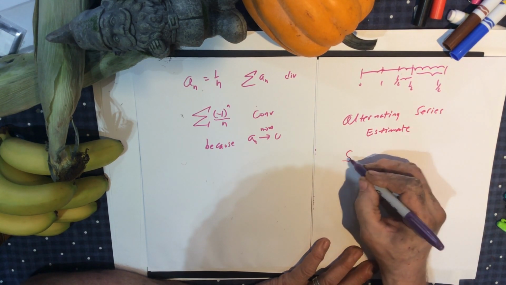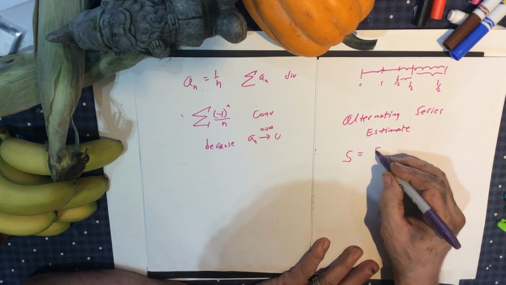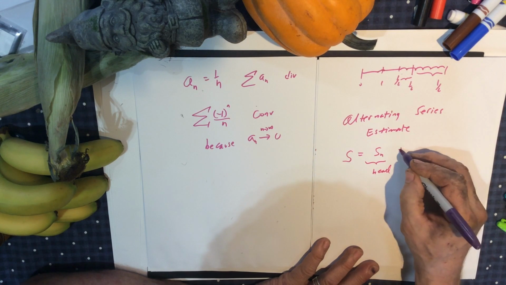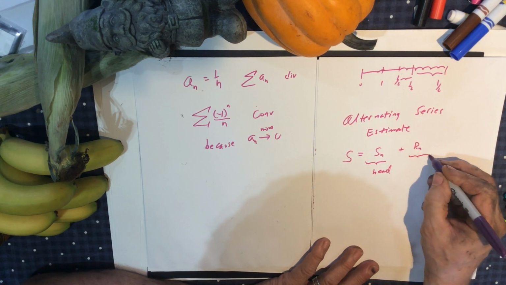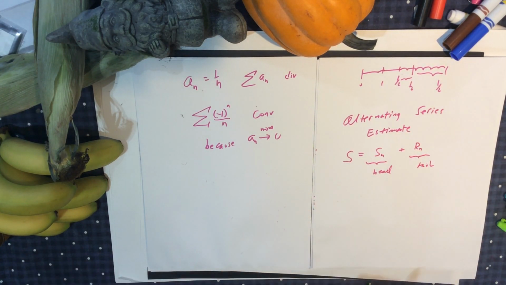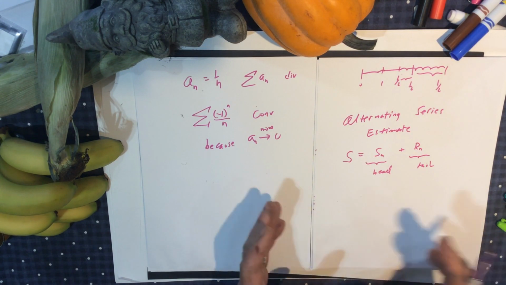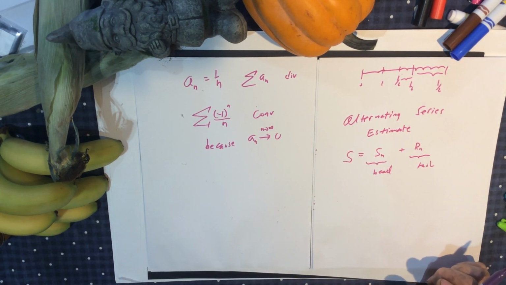Now, if you remember, if we write a sum S as the first n terms, we'll call this the head, plus the remaining terms, which you can call the tail. So if you add up enough terms, one would wonder how much is left. And if we get control of that, then we have control of the size of S.